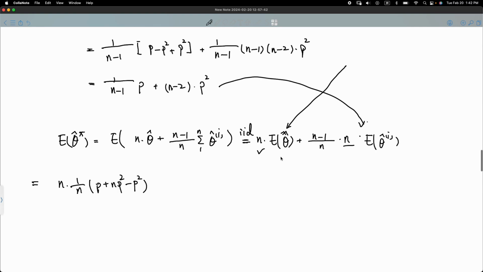So n is in the front, and then this is in the front, plus n minus 1. So this n and this n cancel out, and then bring in the expected value here. So 1 over n minus 1, p plus, okay, so I need a bracket here, n minus 2 p squared.